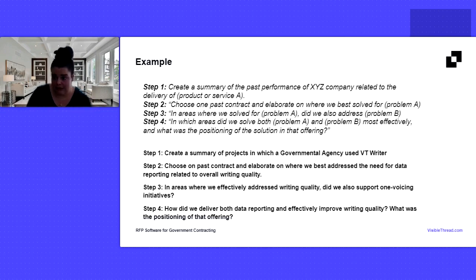We have information about areas where we solved for problem A and we addressed problem B. And in areas where we did solve for both problem A and problem B most effectively, what was the positioning of the solution in that offering? So ultimately, at the end, the question we were asking was, in which piece of our past performance did we solve for both A and B most effectively, and how did we position that?